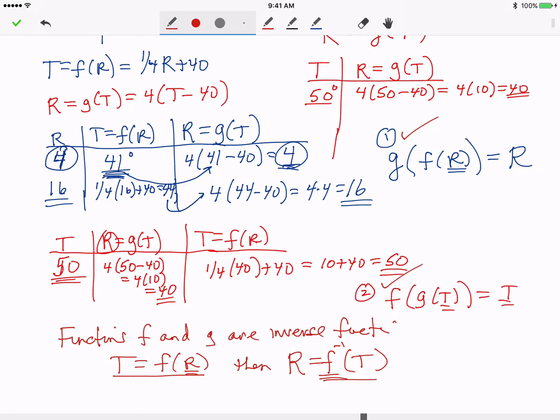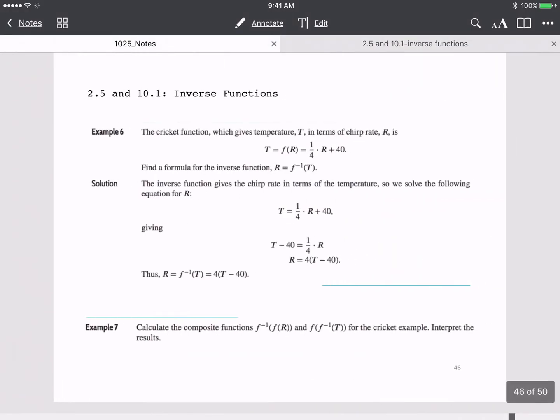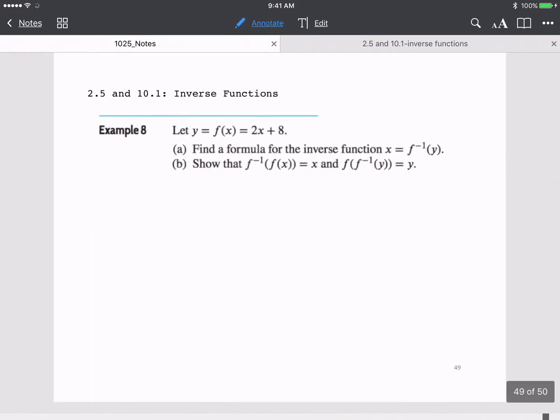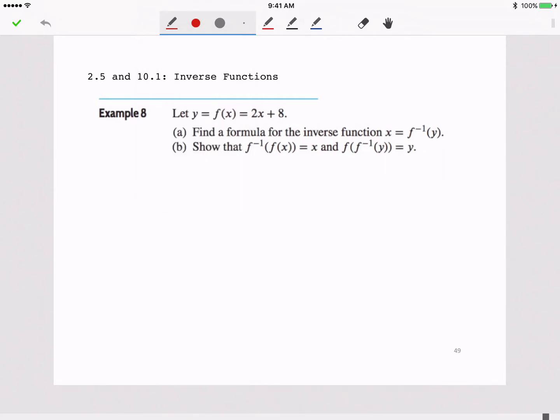Another example of the way this problem can show up. Let's take a look at this example, where we have y equal to f of x equal to 2x plus 8.